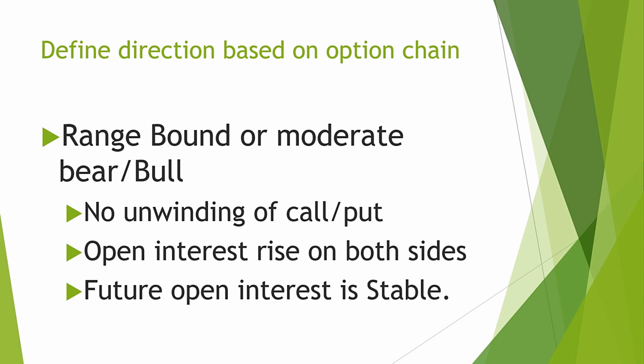They do not take non-directional trades with futures. They can buy at support and sell at resistance. So open interest keeps changing slightly, not too much, in futures. Range bound market usually does not show unwinding. It shows an increase in open interest on puts as well as the call side without much change in option premiums.